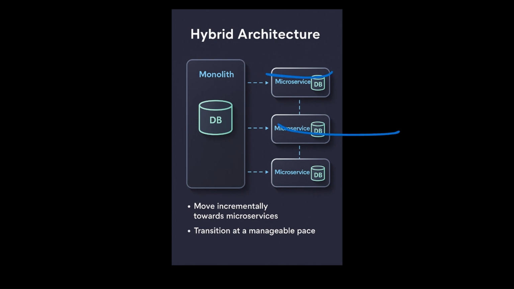Each new microservice gets its own database, making it autonomous and easier to scale. The biggest advantage of this approach is that teams can move incrementally, reducing both technical risk and business disruption. It allows the system to transition at a manageable pace while still modernizing the architecture over time.